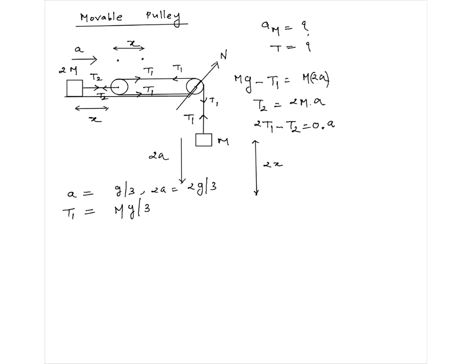Root 2 T1, so 45 degrees. Like that. The tan theta equals 1, so we are at 45 degrees. So this angle is 45, that angle is also 45 because of symmetry.